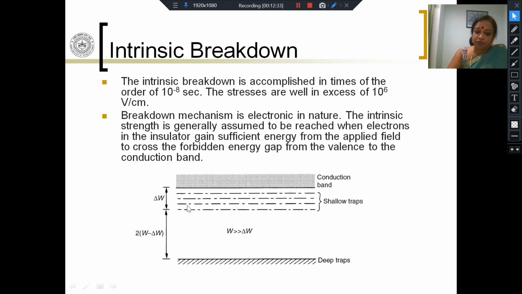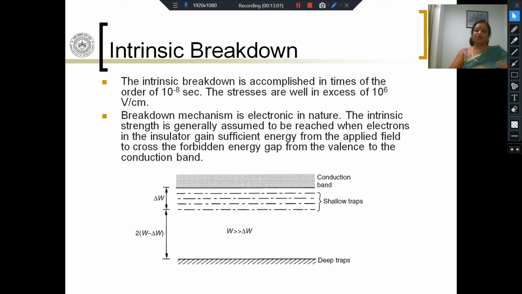Or even if you do not have shallow traps, you might have trap levels which are much closer to the valence band. So very far from the shallow traps. In that case, you need much larger energies for an electron which is in the deep trap to release its electron onto the conduction band. But you still need less energy than you need to get an electron from the valence band to come out into the conduction band.